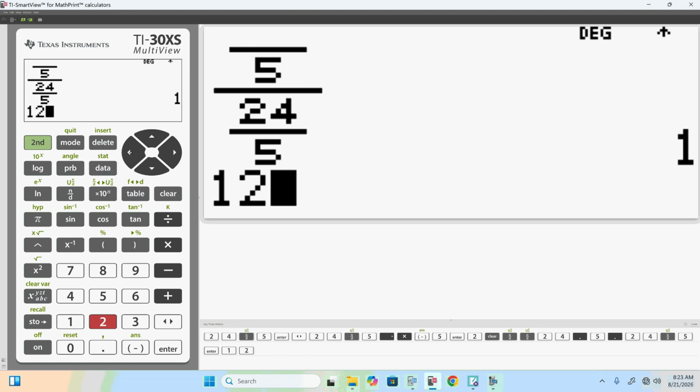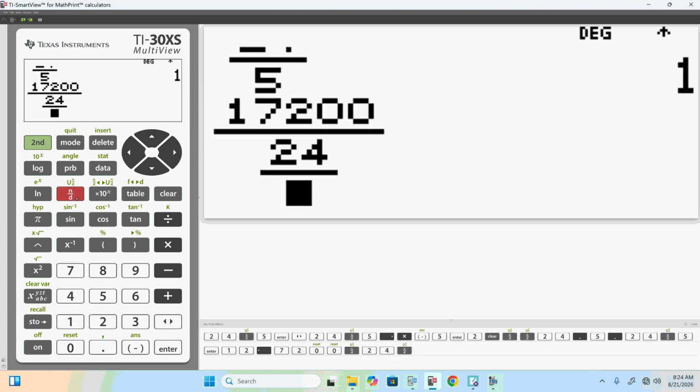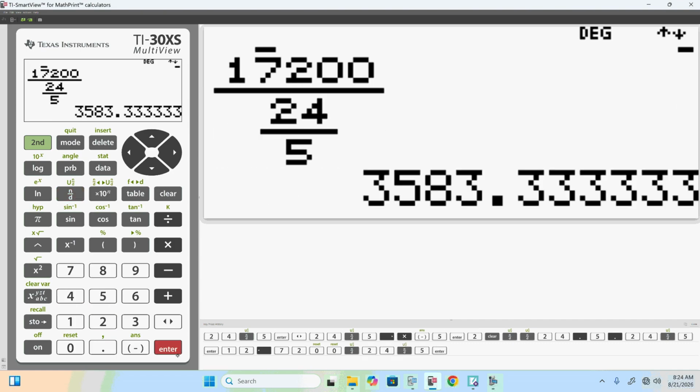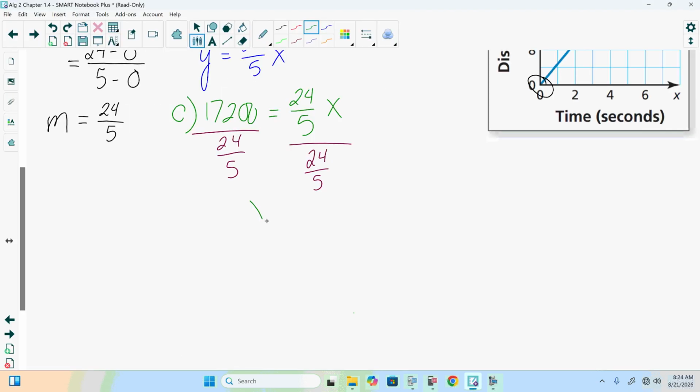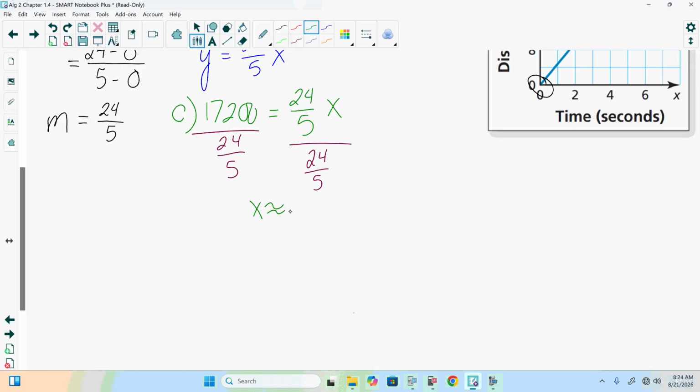So 17,200 over 24/5 would be, we'll say x is approximately 3,583.